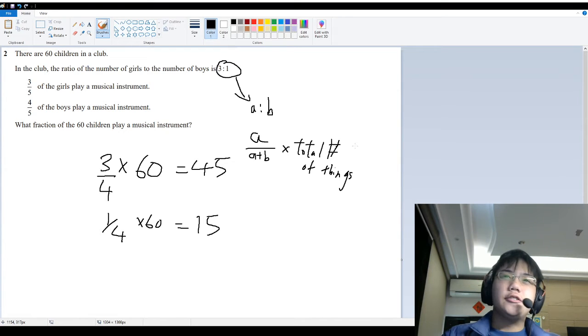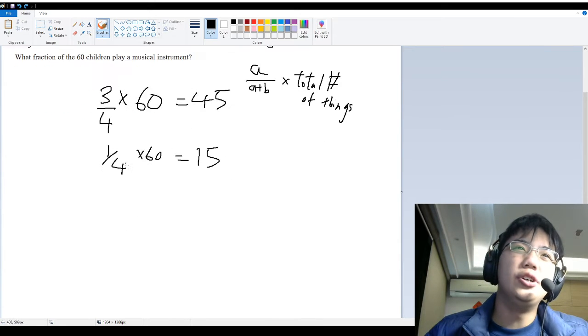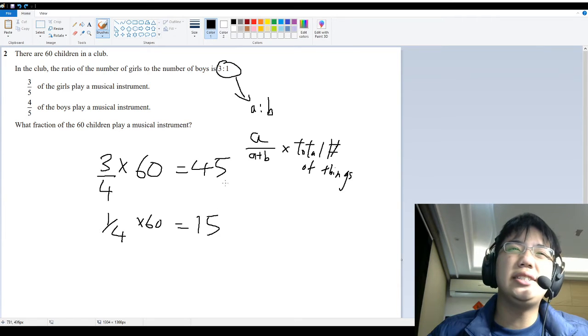So all we did here is find the number of boys and girls as the ratio is 3 to 1. So obviously you can also see that the number of girls is 3 times the number of boys.